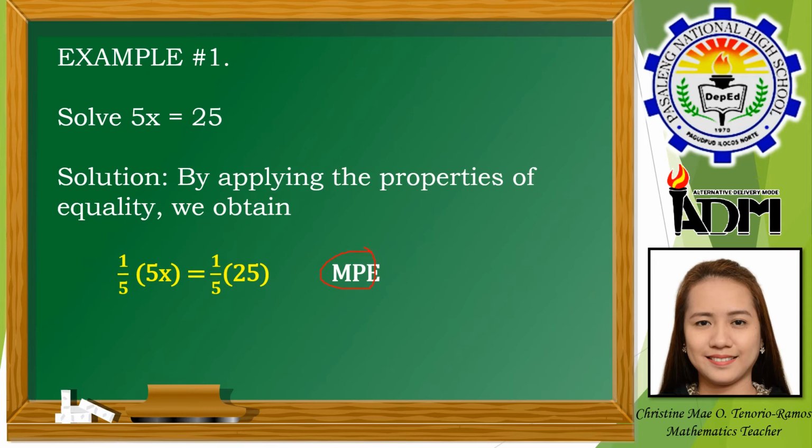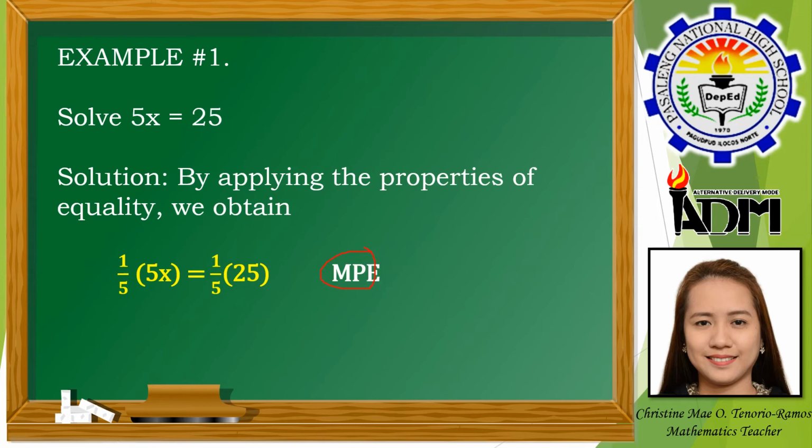So, in-apply natin ang multiplicative inverse property, which is kasama sa mga lessons nyo nung first grading. Ang multiplicative inverse ay yung reciprocal ng isang number. Halimbawa, ang multiplicative inverse ng 7 ay 1/7. 2/3 ay 3/2. At ang 1/15, ang multiplicative inverse niya is 15.